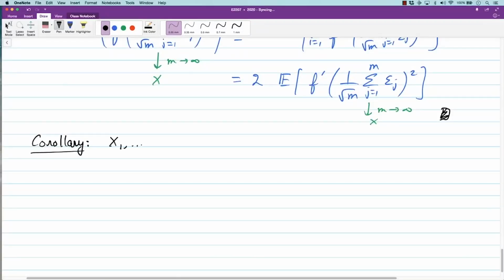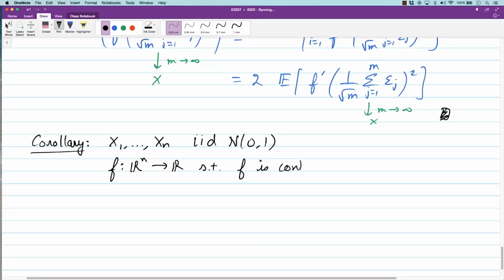Again, x1 to xn IID, let's say N(0,1), and f is a function from R^n to R such that f is continuously differentiable and the norm of the gradient of f is less than or equal to 1.